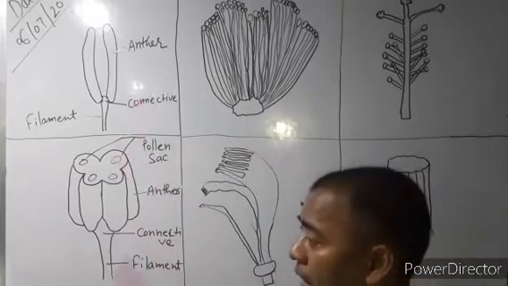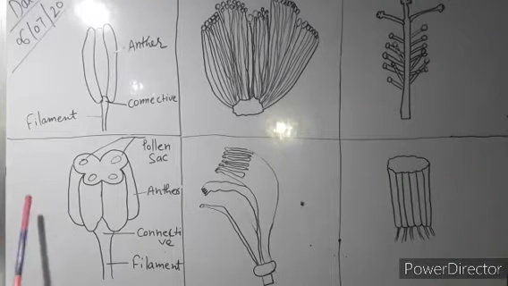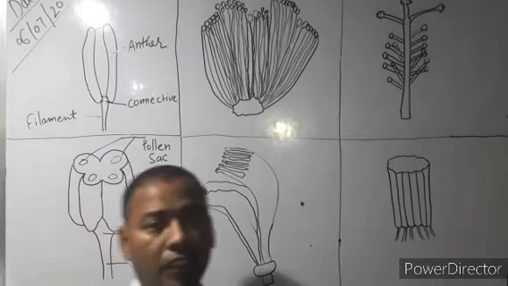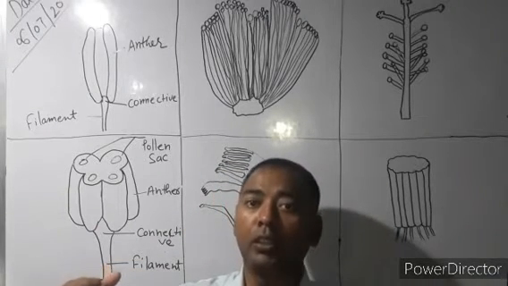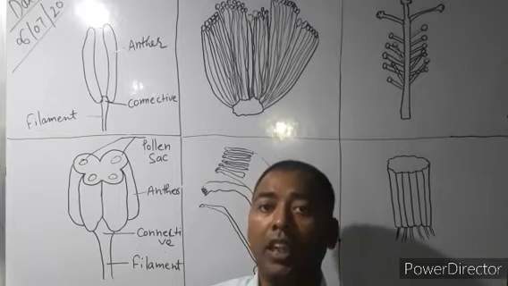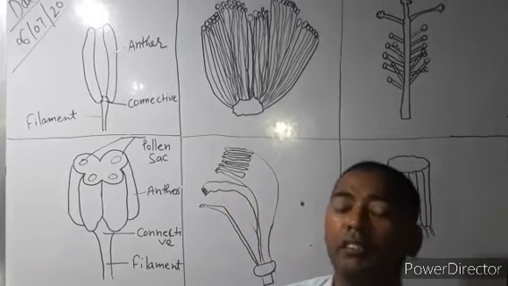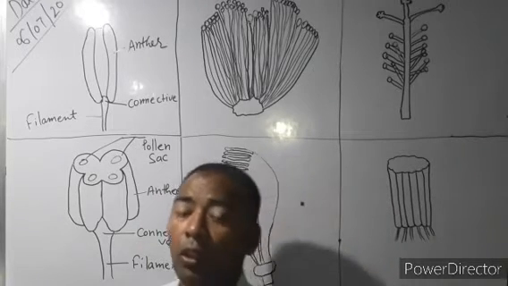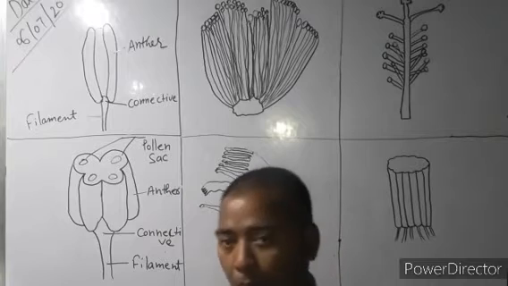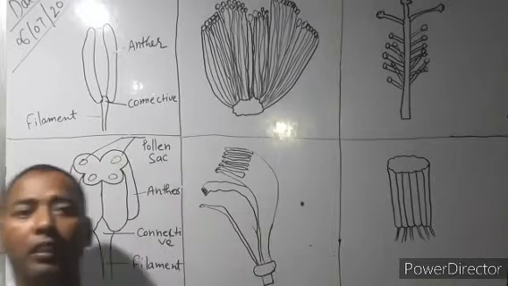This is the structure of the anther and filament. When we cut the stamen horizontally, parallel to the ground, it is known as a transverse section, and when we cut it vertically, along the height, it is known as a vertical or longitudinal section.